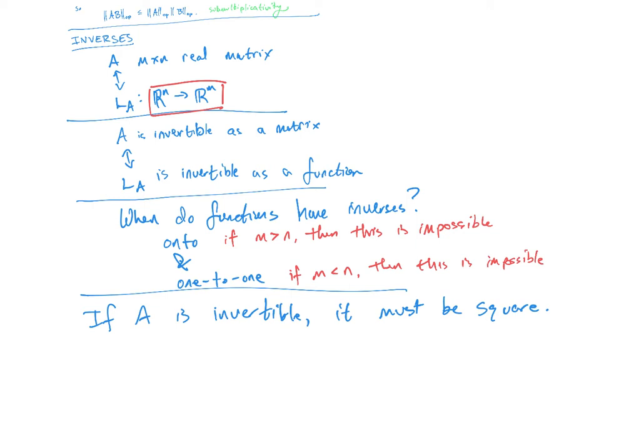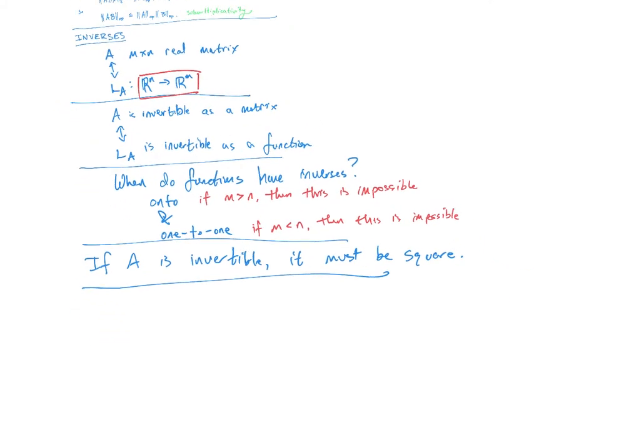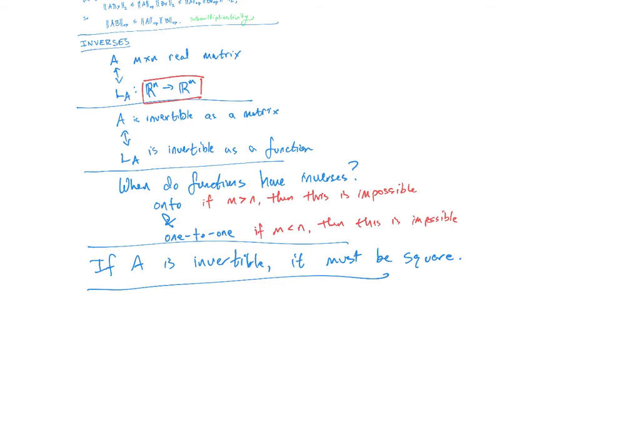Now, we all know that's not quite enough, right? Not all square matrices are invertible. What does it take? Well, how about I do it this way? I'll state the result. Proposition.